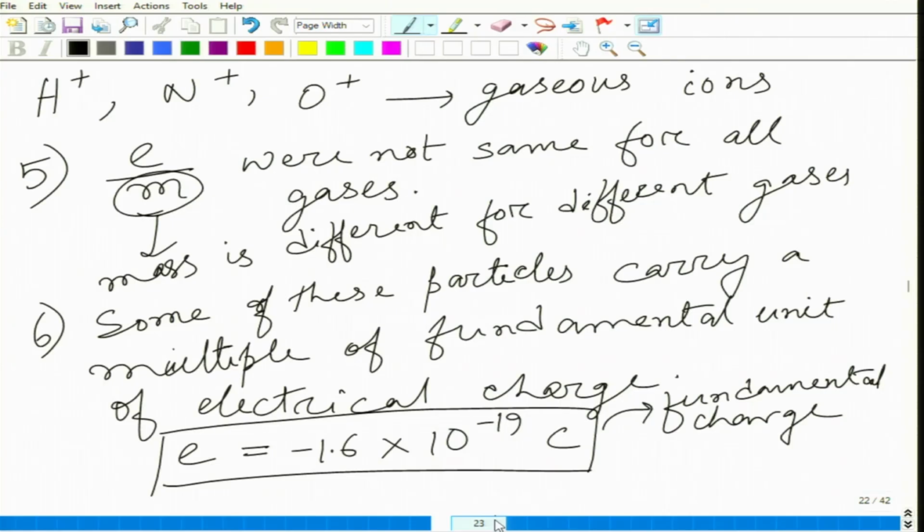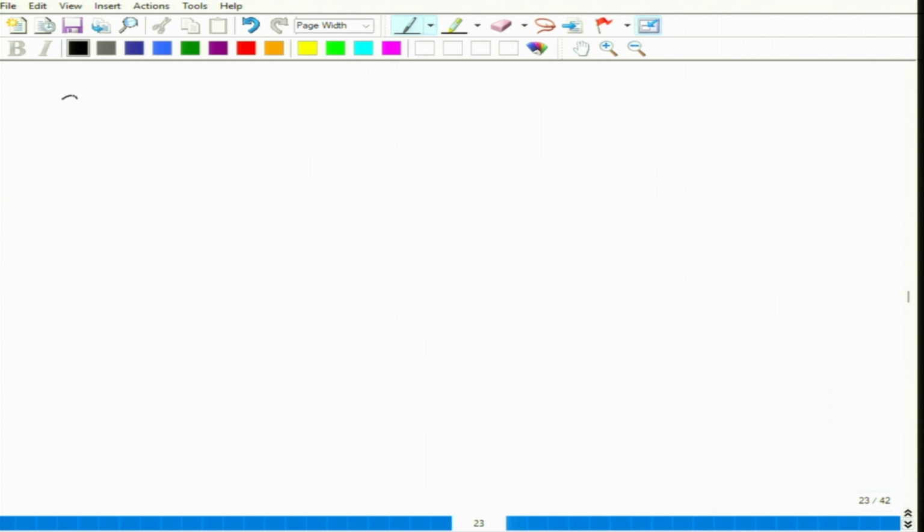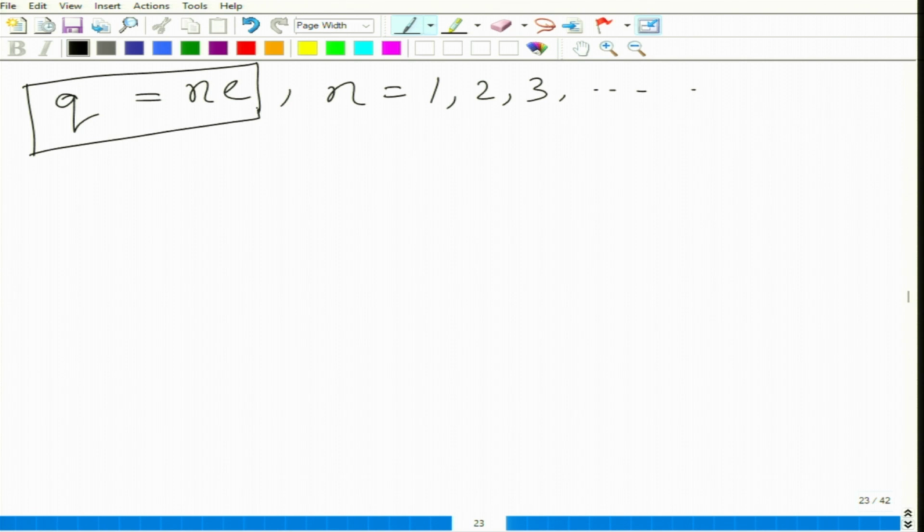So, it was observed that for different gaseous particles, for some of them the charge was a multiple of the fundamental charge, that is, for example, the charge is Q for a random gas, the charge was Ne, where e is the charge of the electron and N is any integral value. Okay. So, for some of them the charge was a multiple of the fundamental charge.